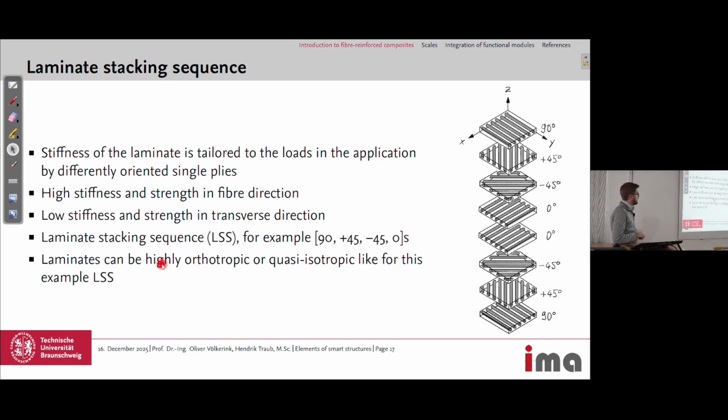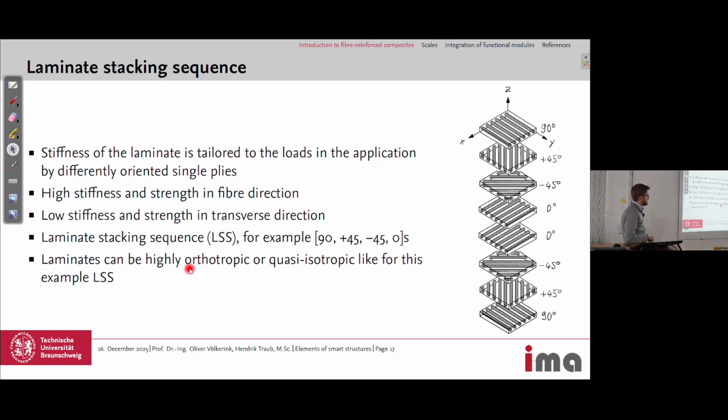And an example laminate stacking sequence is 90, plus minus 45, 0, and then the S stands for symmetry. So it's this kind of layup where you have 90, plus 45, minus 45, 0, and then symmetric 0 again, minus 45, plus 45, 90.